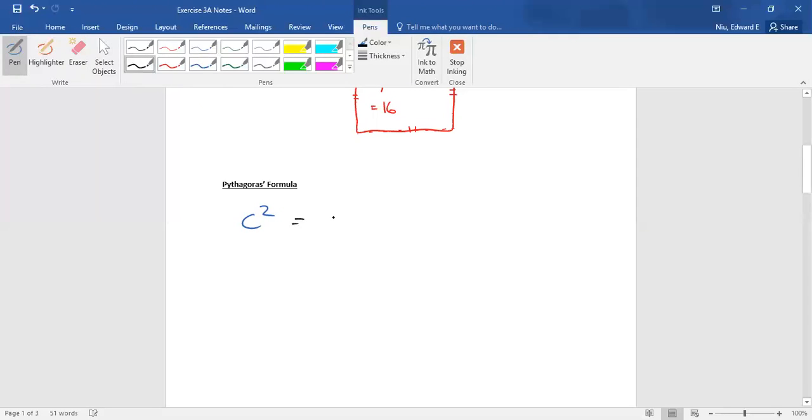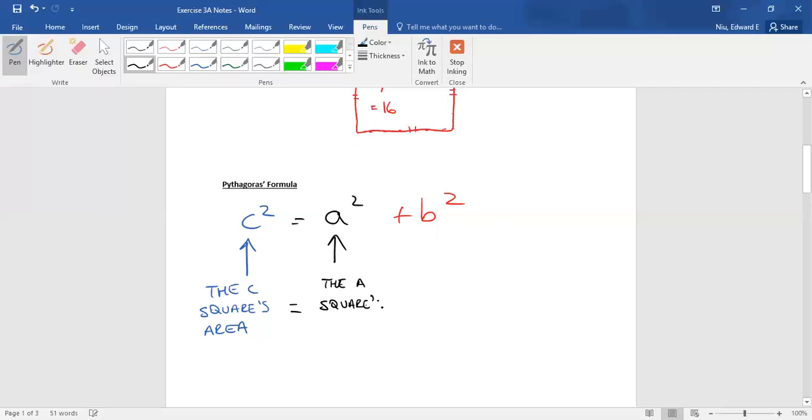Is equal to the a squares area plus the b squares area. All right, so in plain simple English, this means the c squares area equals the a squares area plus the b squares area.